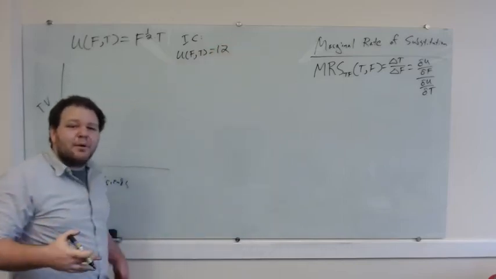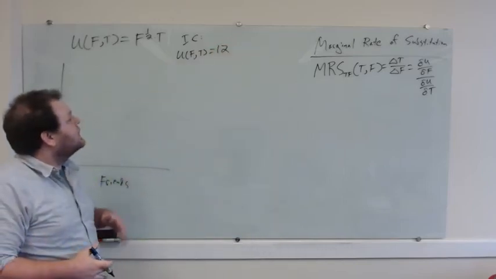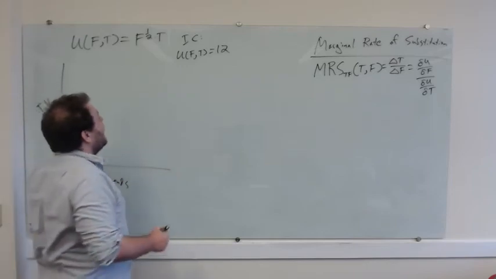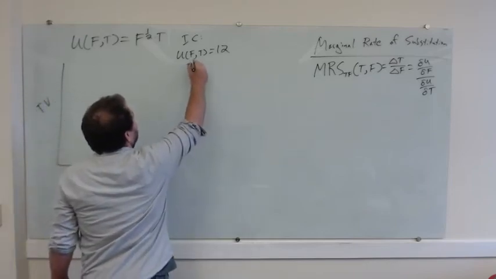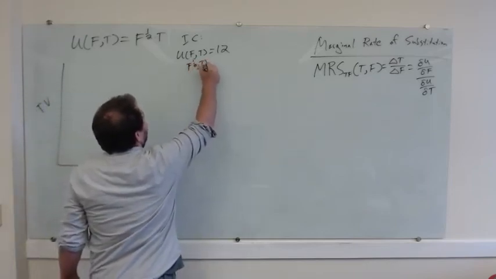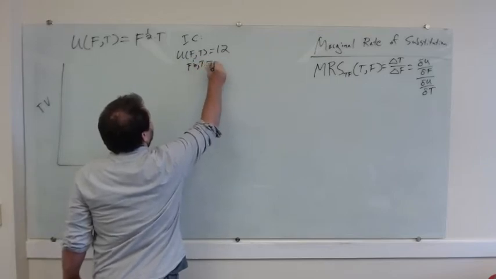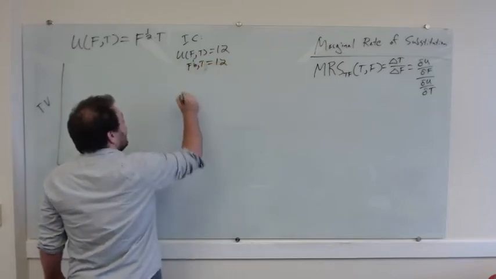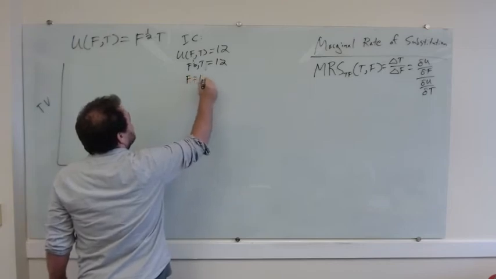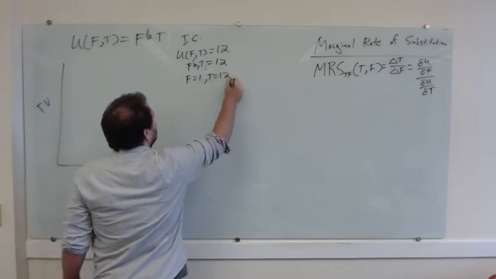12 is a nice number. It's got a lot of factors. So where are we going to have f to the 1/2 times t equal 12? Well, we could have, say, f equals 1 and t equals 12.